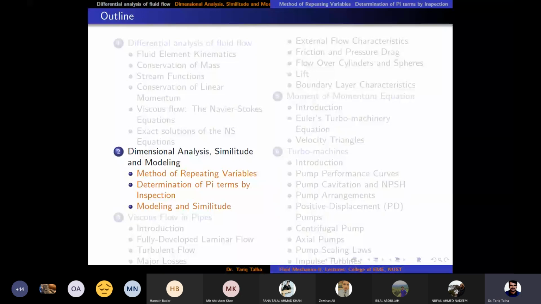Now, scale down or scale up. If we are talking about nano objects, then we need to scale up, because on the nano scale it is very difficult to visualize things. So we can scale up by using scale-up models, or scale down if we are talking about a very huge structure.